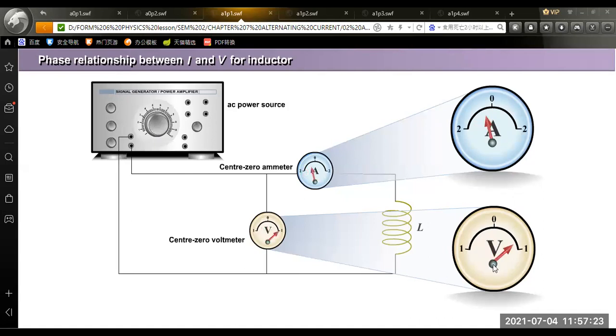When the voltage is maximum, the current is 0. When the current is 0, the voltage is maximum. Do you observe? This means the current and the potential difference have some phase difference.